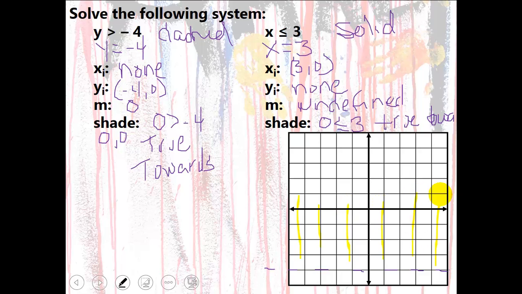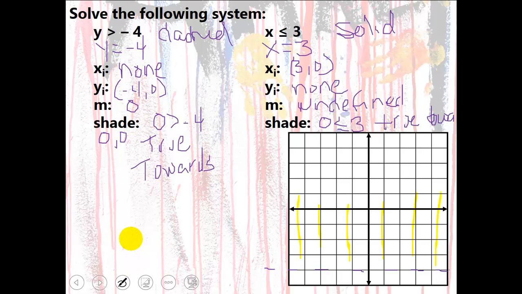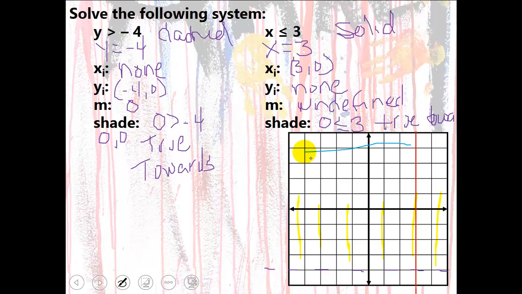Okay, and then I have x is equal to 3. That's this line. It's solid. And then I need to go towards 0, 0, so that's to the left. I'm going to go like this.